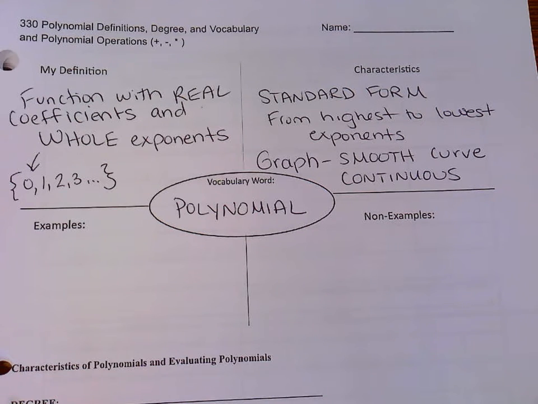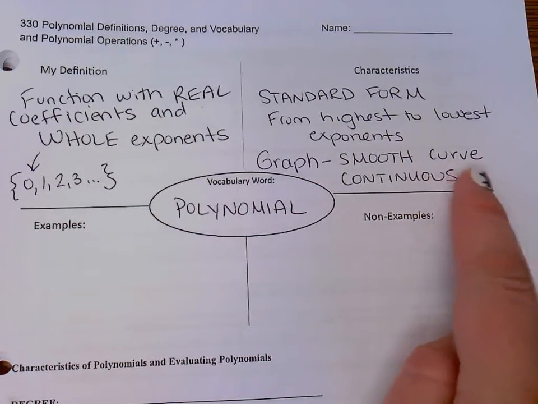It won't be like a piecewise function where you start here and keep going. It's always going to be a smooth curve. Even a linear function is considered a smooth curve. It has no jagged points and it's continuous. So even a linear function can be considered a curve.